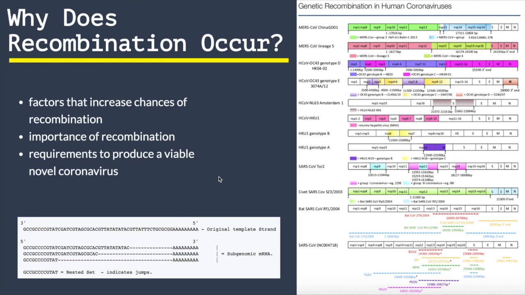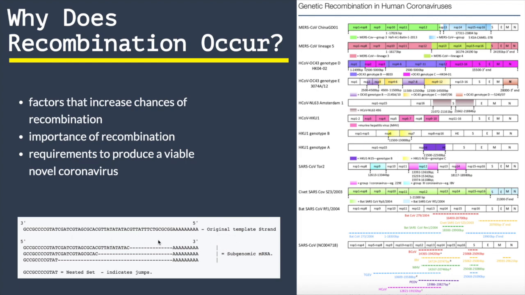Another reason why recombination occurs often is because coronaviruses create subgenomic RNAs. So this image is just a demonstration of what subgenomic RNA is. If you have your original template strand, here, a subgenomic RNA just means that the replicase will start replicating the original template at the 3' end, but oftentimes it will jump to some point closer to the 5' end.